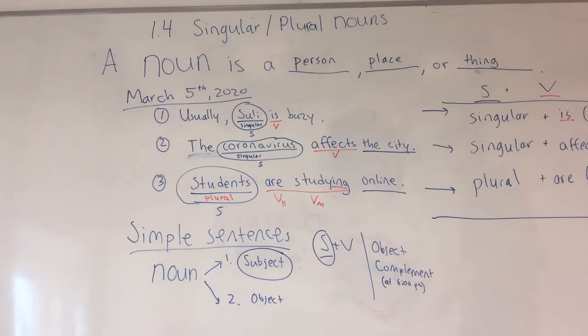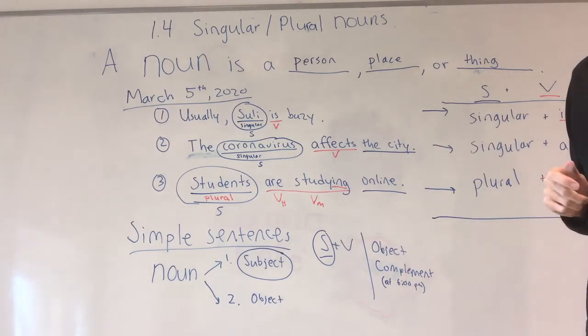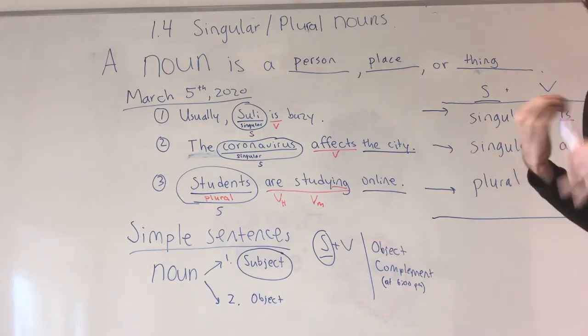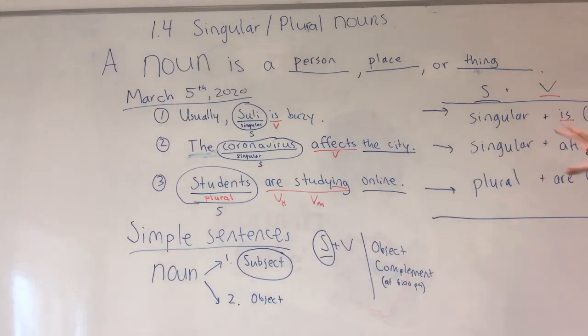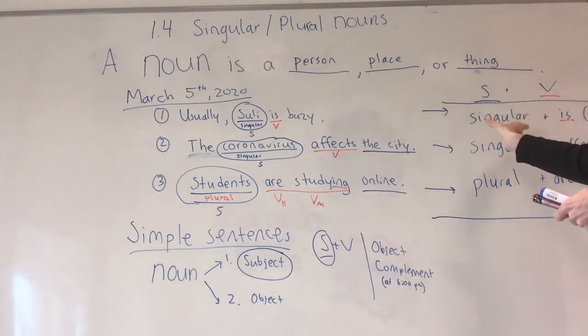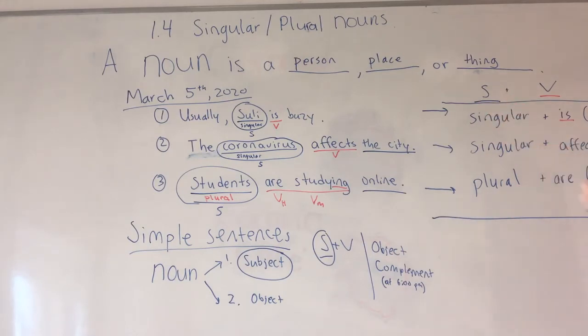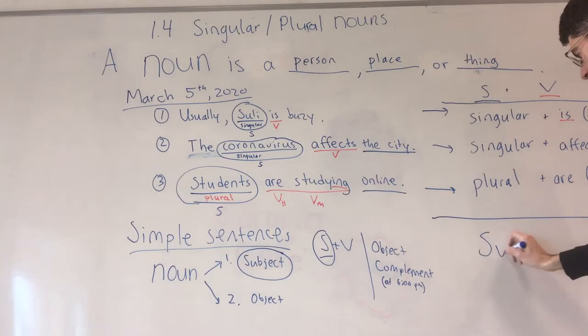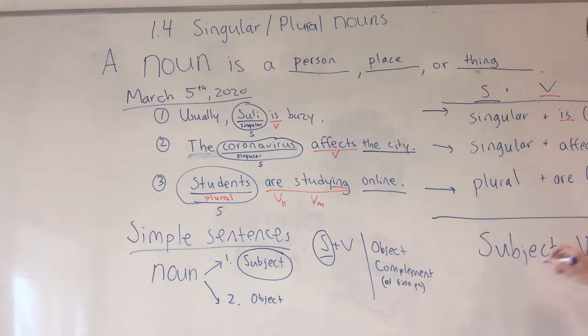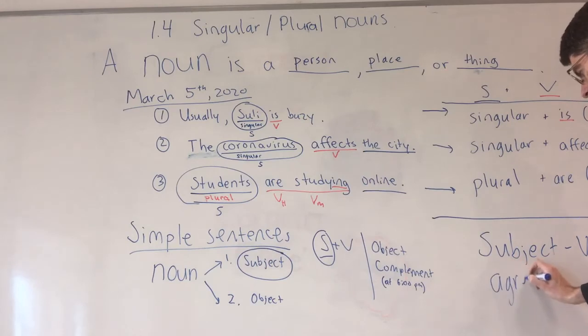So on your paper, we will look at some examples to help you write the singular form of the verb. It has to match the singular subject, okay? And this is called subject-verb agreement. Okay, so let's look at some examples.